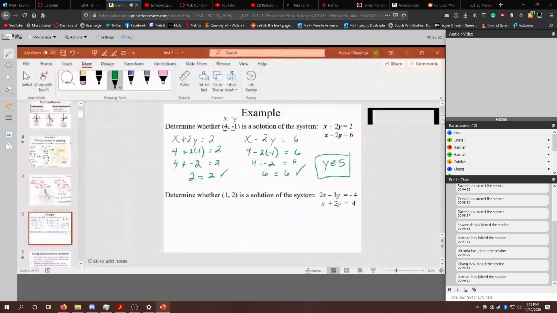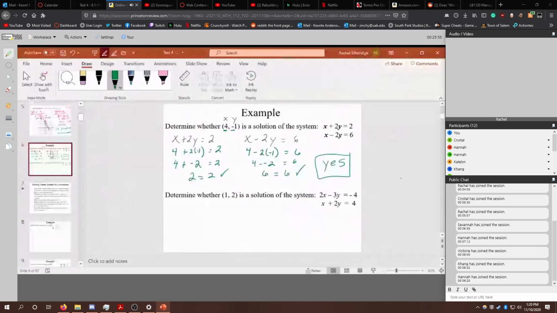So this is x. This is y. So we're going to just plug into each one. So let me just copy these down. I'm going to put in a 1 for x and a 2 for y. So I've got 2 minus 6.